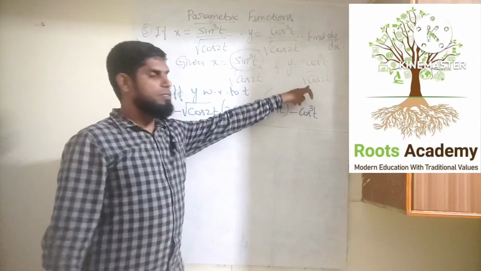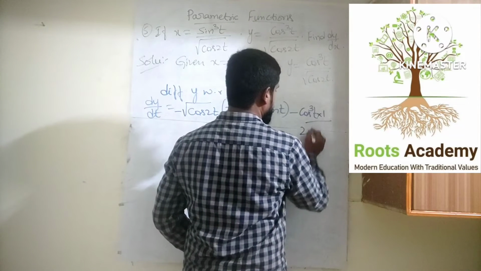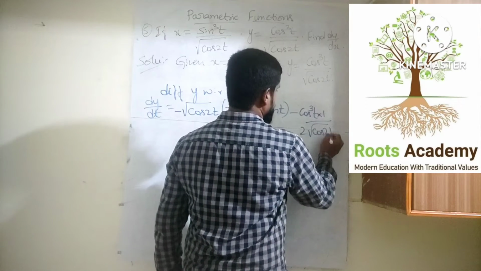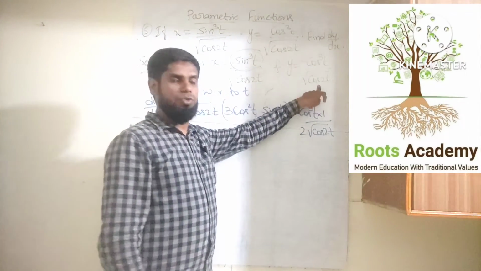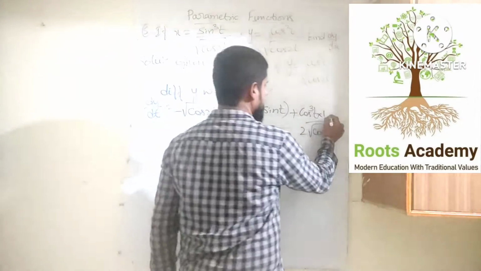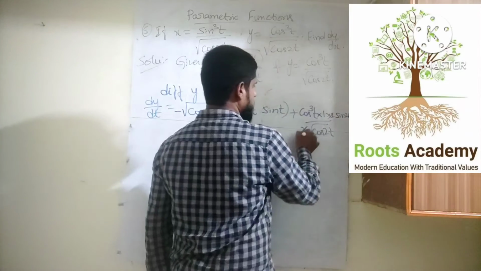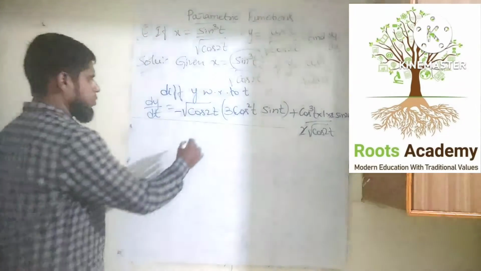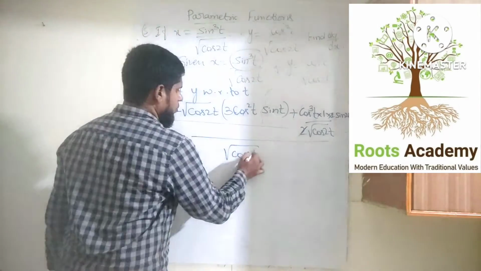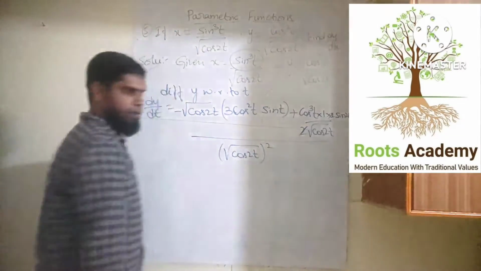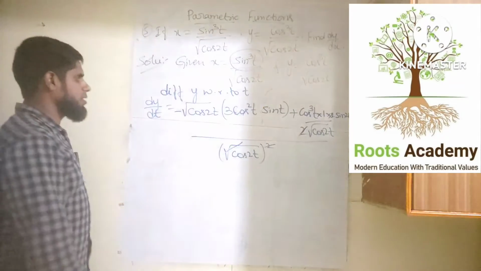Derivative of the denominator, it is in the form of root, so its derivative is 1 divided by 2 root cos 2t into derivative of cos 2t, which is minus 2 sin 2t. Minus into minus is plus, 2 sin 2t. 2 gets cancelled here. Whole divided by the square of the denominator, root of cos 2t whole square. Now square and root get cancelled.